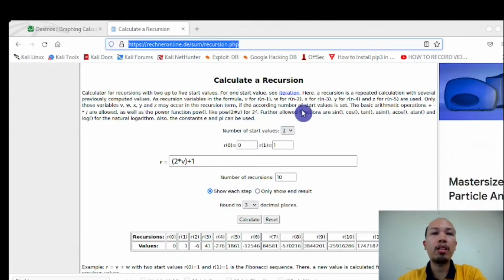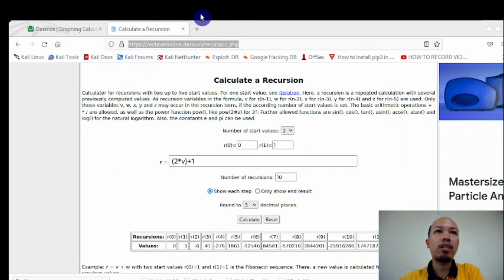Or you can just search in Google for a recursion calculator. Okay, but if not, use a code.